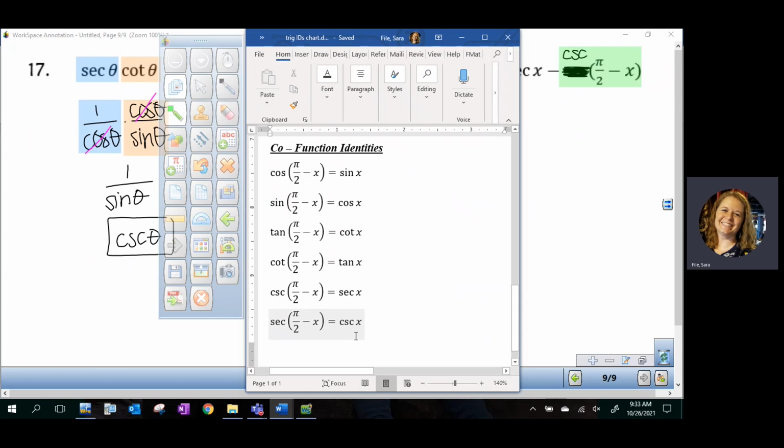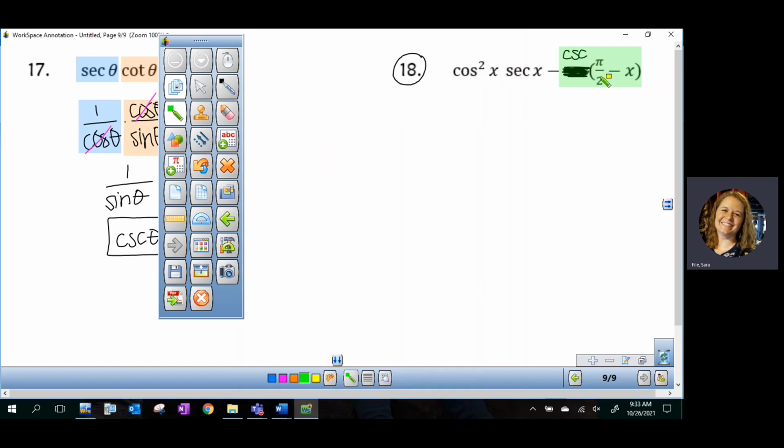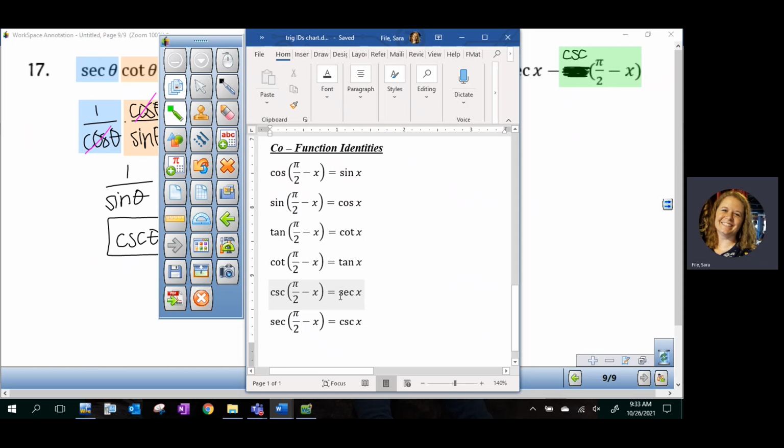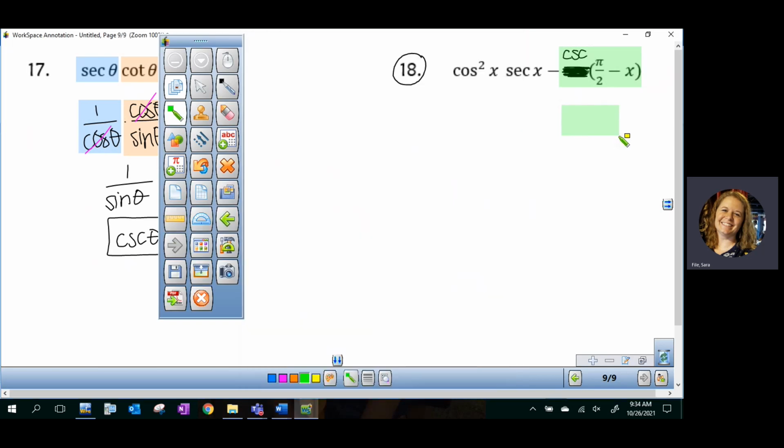Those two angles are like the two acute angles in a right triangle. The cofunctions that go together are the ones that have the same word, just with co: sine and cosine, tangent and cotangent, secant and cosecant. So you can see there, cosecant of pi halves minus x is equal to secant of x. Y'all see that? Okay, so I'm able to replace that using the cofunction identity.